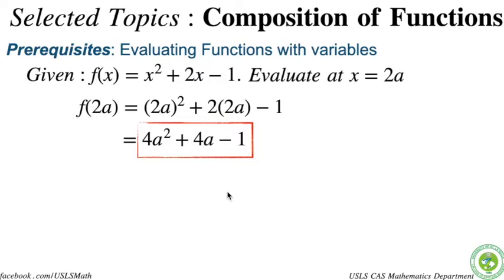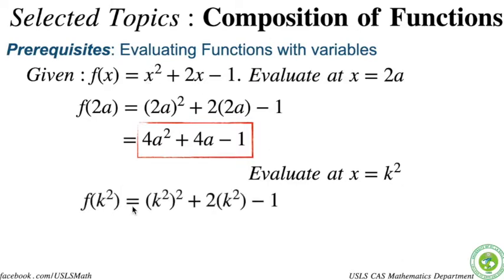Last, for this prerequisite, evaluate at x equals k squared for this f of x. So everything will be k squared. This x will become k squared, and this x will become k squared. So f of k squared is going to become k squared, quantity squared, plus 2 times k squared minus 1.